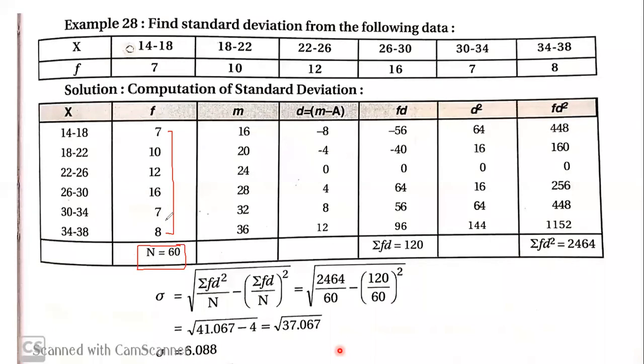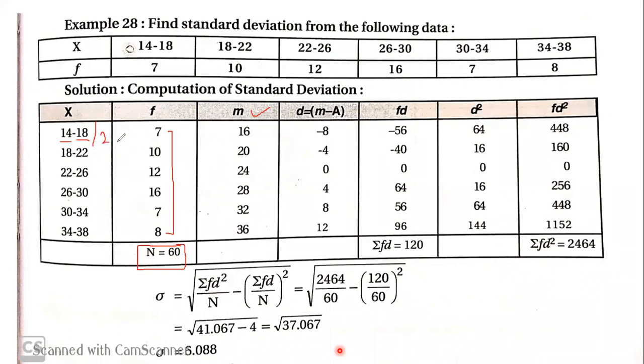Then whenever you have a class interval, it is compulsory to calculate midpoint. So here it is class interval. We cannot assume any mean from class intervals. So it is compulsory to calculate midpoint. How to calculate midpoint? Lower limit plus upper limit of the class interval divided by 2.